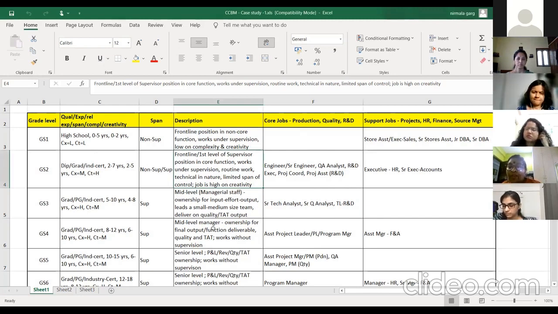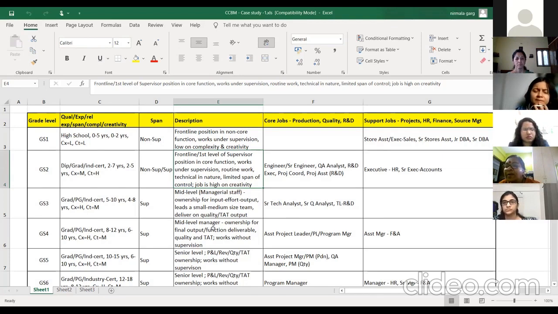I want to make it very, very simple for you all. So just plot or map or group or categorize the positions which I have given into respective grades based on the criteria of descriptors for your compensable factors. Is it very clear? Please give me a thumbs up so that I want you all to work out on that.